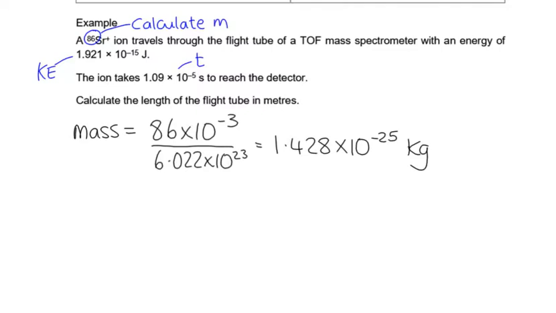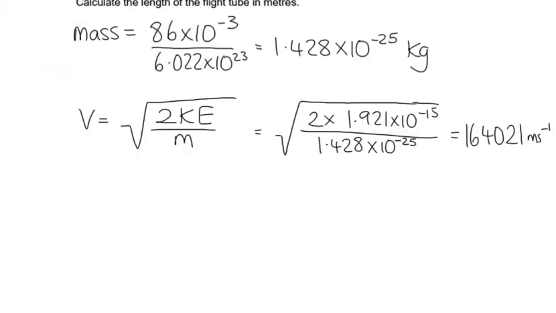So again, using the calculation that we've already covered in the previous video, could you work out the velocity? Can you remember how to work out the velocity of an ion? Pause the video again and have a go. If you remembered that calculation correctly, you should have got 164021 meters per second. Now we can put that with our time.